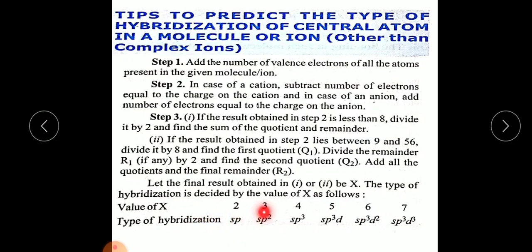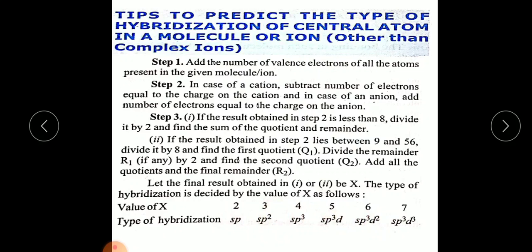If the value of X is 3, it is sp2. If the value of X is 4, it is sp3, and like that, 5 is sp3d, 6 is sp3d2 and 7 is sp3d3. Why is it 2? Because s and p. Why is it 3? 1s and 2p, like that. You need to understand and remember these values.